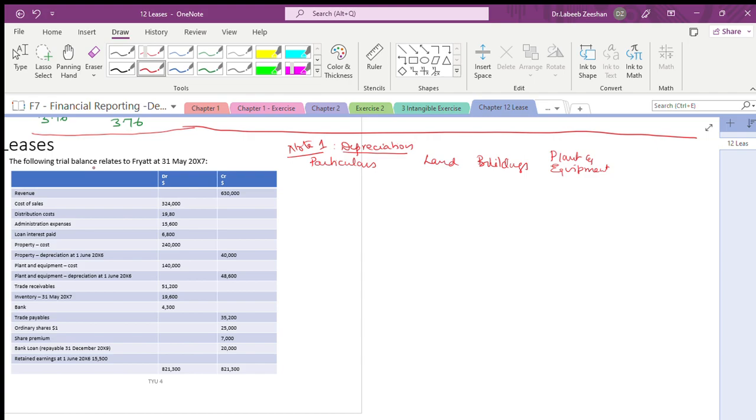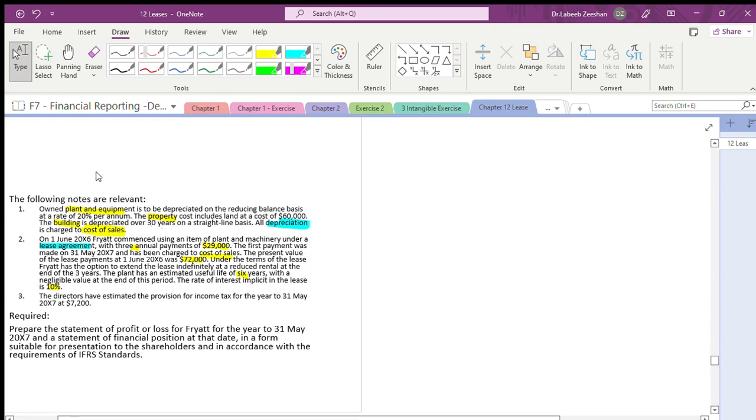What they have mentioned in point number 2: commence using an item of plant and machinery under a lease agreement with 29,000. The first payment is charged to cost of sales. The present value is 72,000.